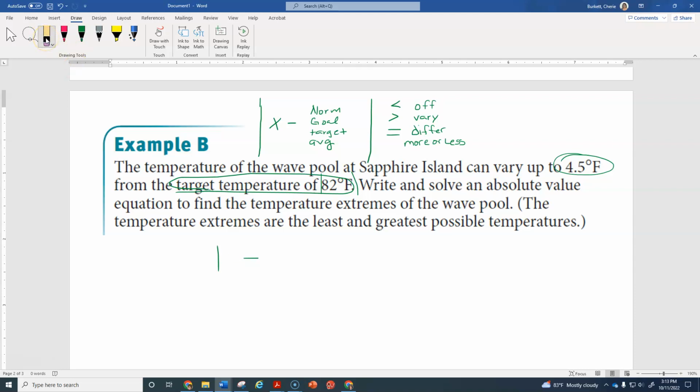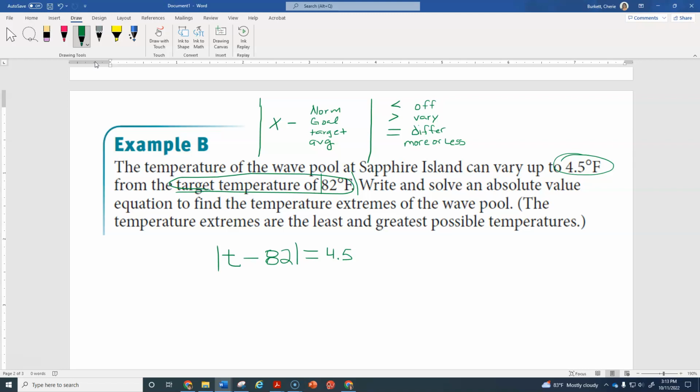They might use T. Remember, the variable is not what's important, but the fact that the variable is in front. It's the temperature minus your goal or your target temperature, which is 82 degrees. That's going to vary up to 4.5. Okay, so that's how we would write it.